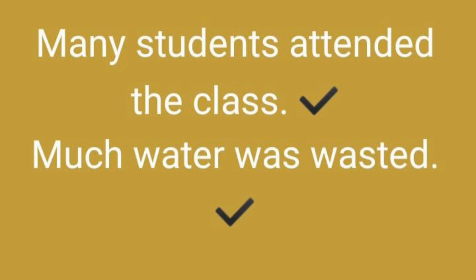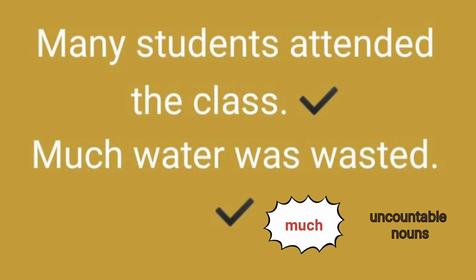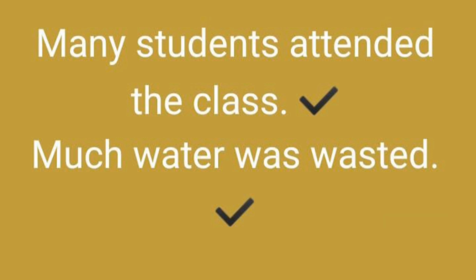On the other hand, we use much for uncountable nouns such as water, sugar, or information. For example, much water was wasted. Understanding this small difference can make your sentences more accurate.